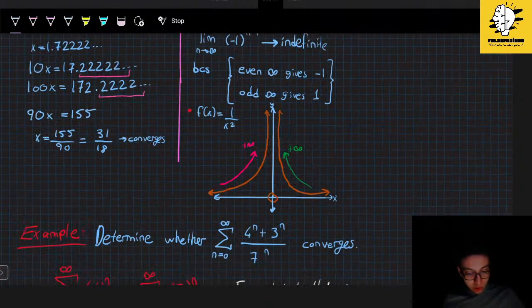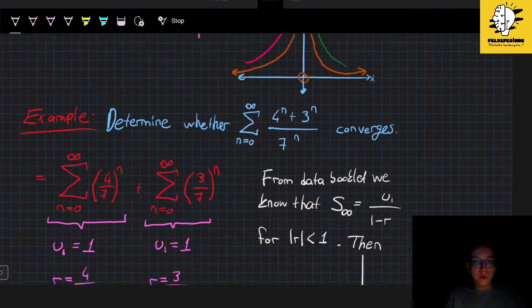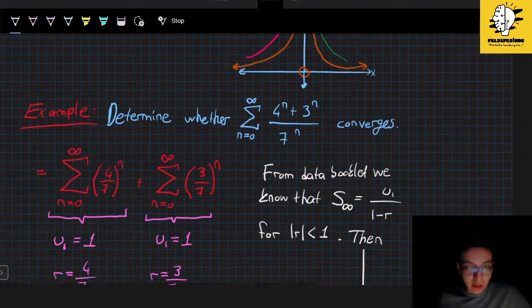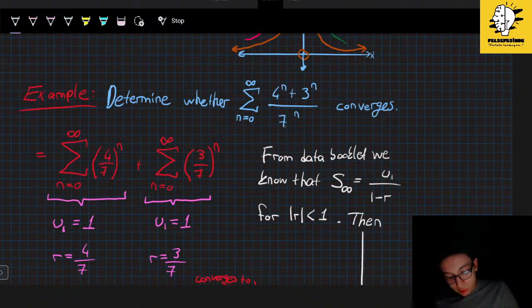So I have a question over here for you to also remember the very first chapter, series. Determine whether the sigma, n equal to 0 going to infinity, of this notation converges or not. Okay. We have the denominator 7 to the power n, so we have a plus over here.